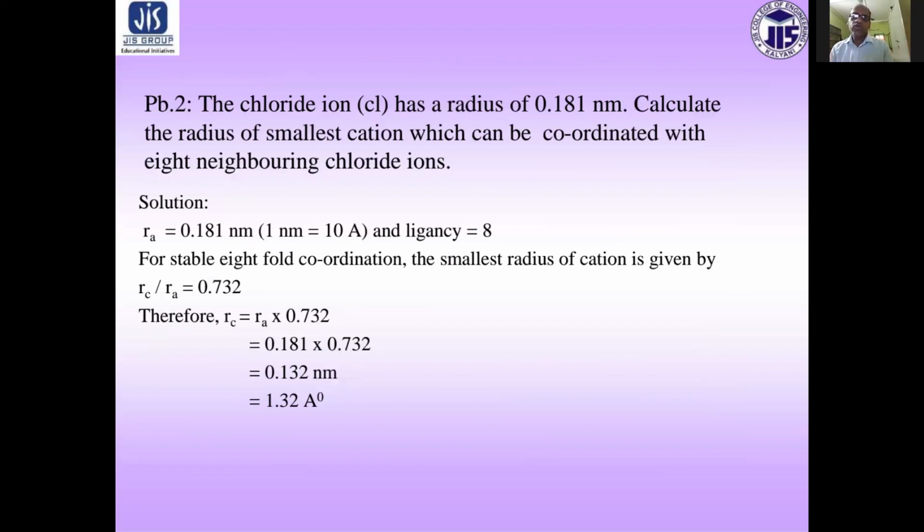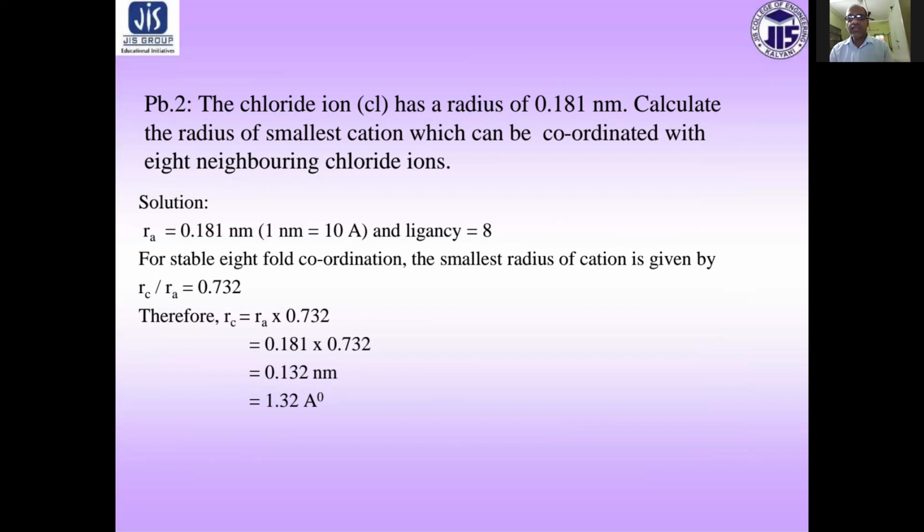Here is problem number 2. The chloride ion has a radius of 0.181 nanometer. Calculate the radius of the smallest cation which can be coordinated with 8 neighboring chloride ions. So here the given data is Ra equal to 0.181 nanometer, where 1 nanometer is equal to 10 Angstrom, and ligancy is 8.